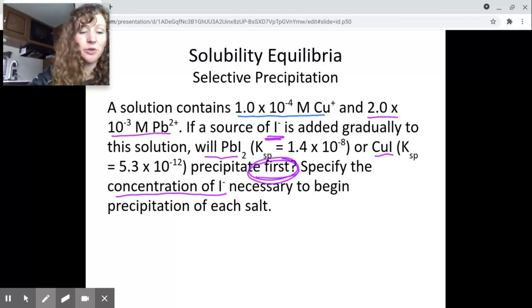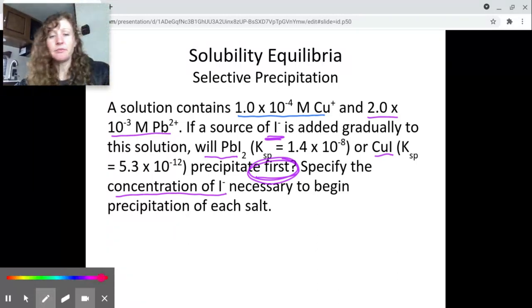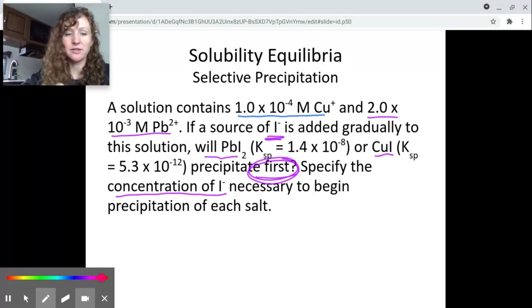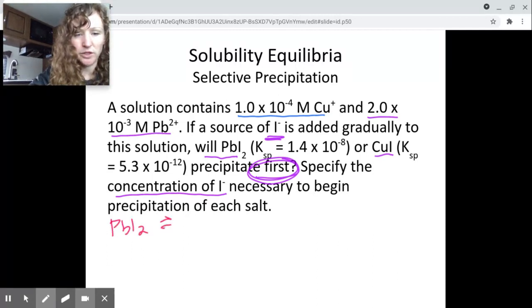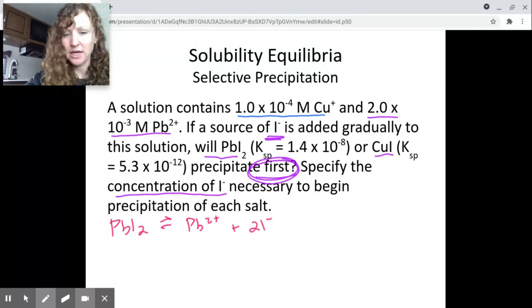So if I am going to compare the precipitation of two different salts, I need two different reactions. So PbI2, we just did that reaction, plus 2 I minus. And then we have CuI plus I minus. Okay.